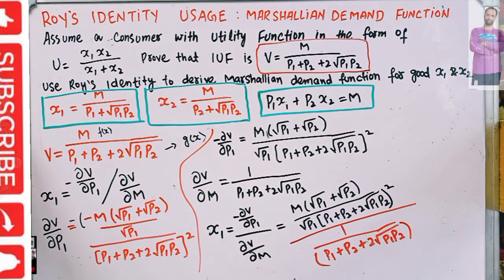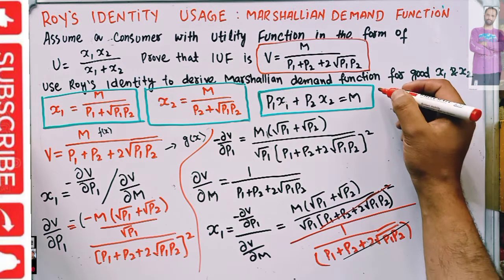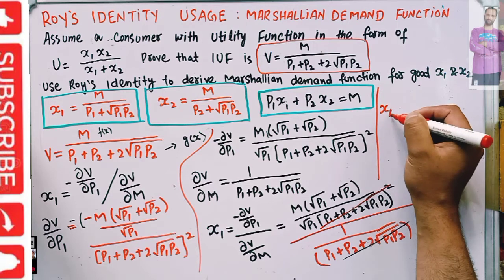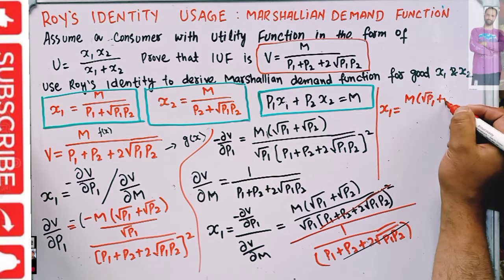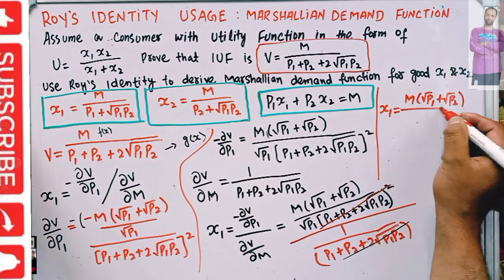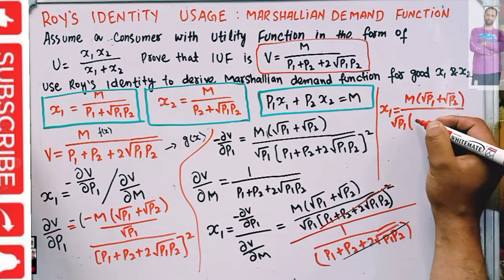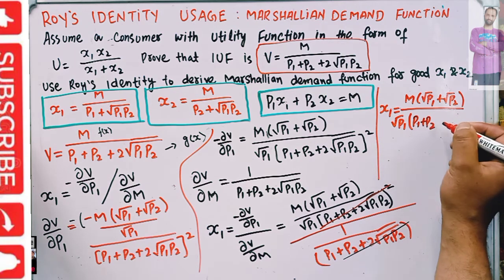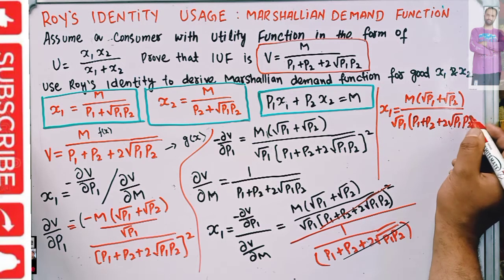Now we can do one thing, since these terms are the same here. In the brackets I can cancel this thing and this thing here, so x1 will be m under root p1 plus under root p2, divided by under root p1, then p1 plus p2 plus twice under root p1 p2.